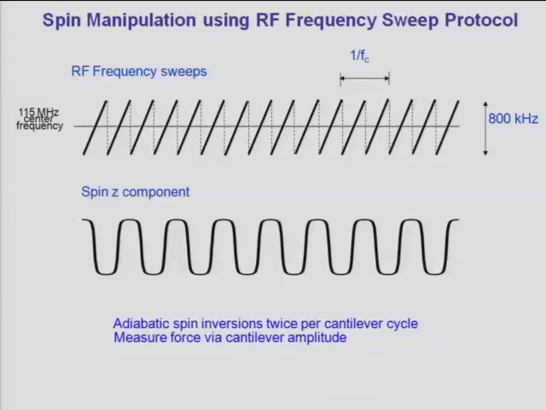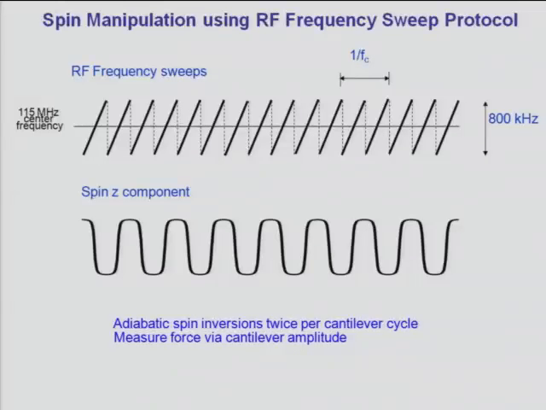Every time we go through the resonance frequency, if we do this slowly enough, if we do it adiabatically, we will cause the spin to invert. You can see here, we do it once, the spin component of the proton inverts. We do it again, it inverts another time.